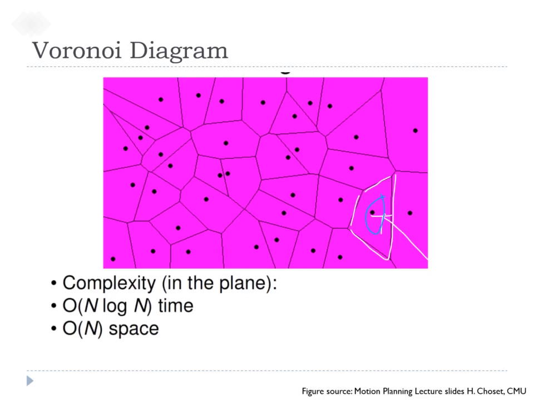The complexity of the Voronoi diagram construction algorithm is big O n log n in time and big O n in space. This complexity is important because we will be using the Voronoi diagram as the data structure for construction of the roadmap.